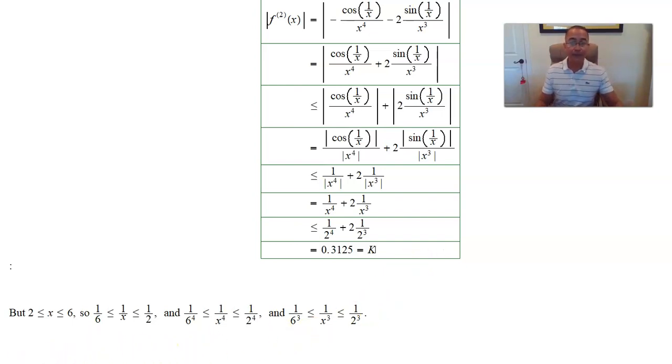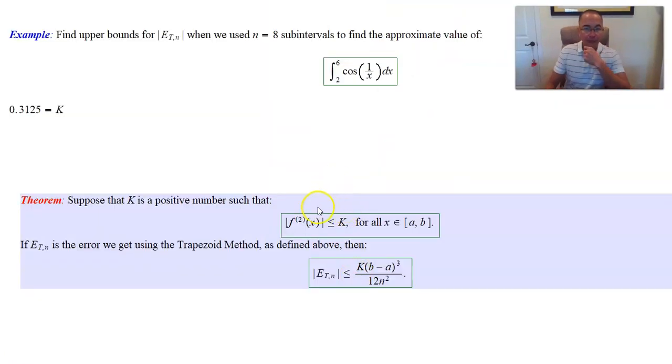So it's time for us to apply our formula. I made a copy of the theorem so we can refer to it. We have found the value of k, 0.3125. Any number bigger than 0.3125 will also work, but we might as well use that same number.